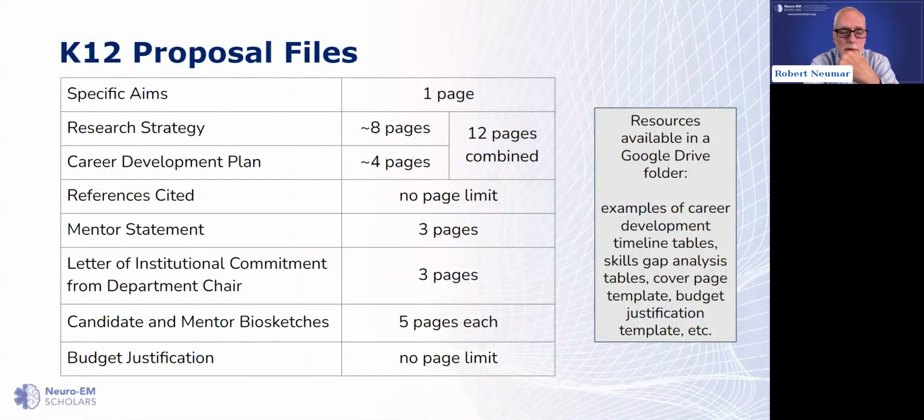Will those results potentially be preliminary data for an individual R grant or subsequent K grant? A big piece of the way the research strategy is evaluated is how well it will set you up for the next stage of your career, so it is evaluated through the career development perspective as well.